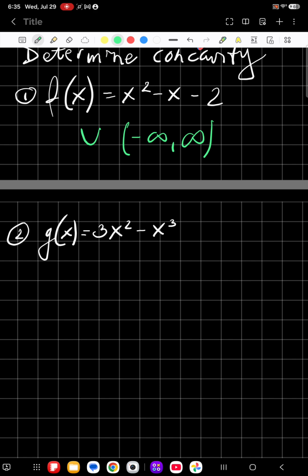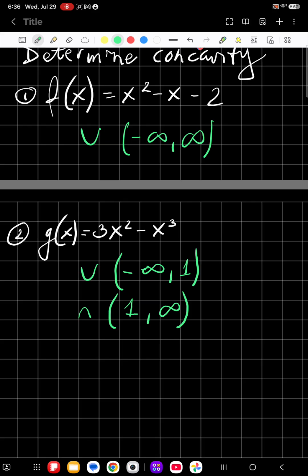Anyway, for number 2, I'd like you to do that number line. Okay, so concave up from negative infinity all the way to 1, and concave down from 1 to positive infinity.